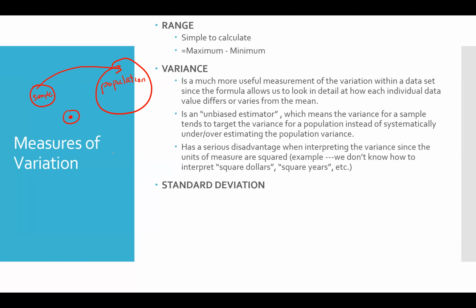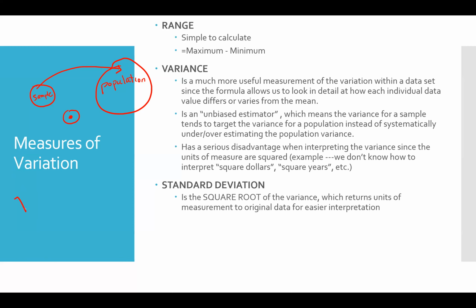So we don't tend to use the variance as much. What we do use is called the standard deviation. The standard deviation, by definition, is the square root of the variance. So the standard deviation is literally the square root of the variance.